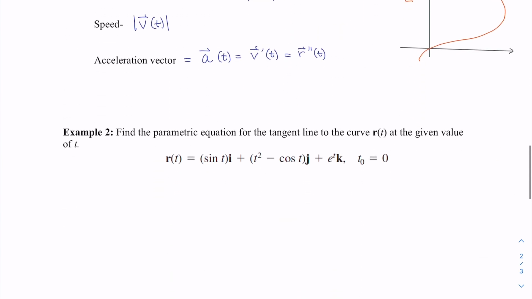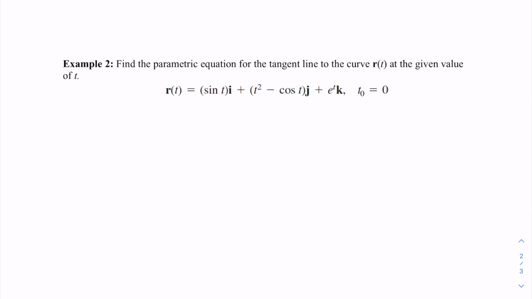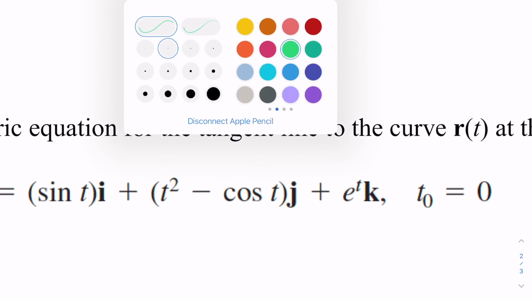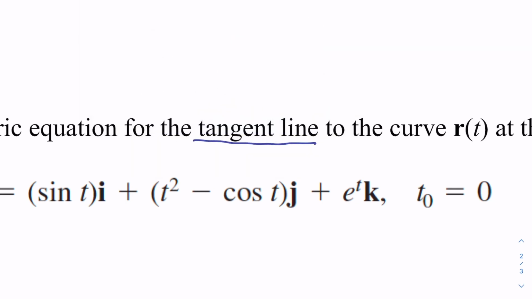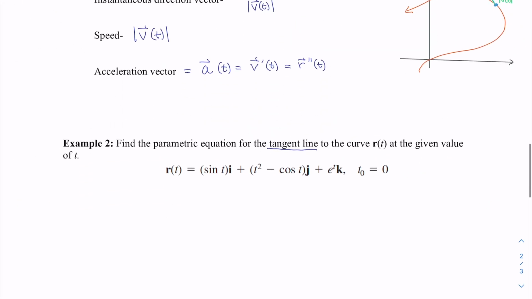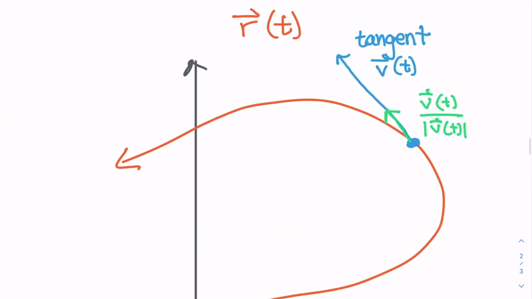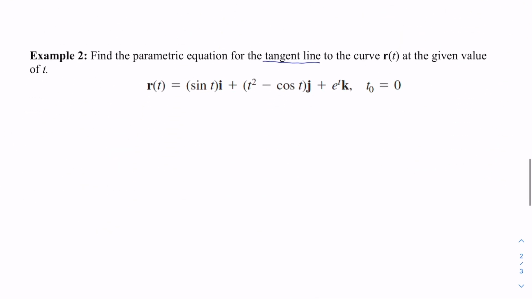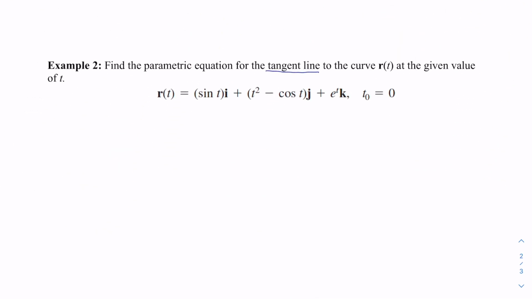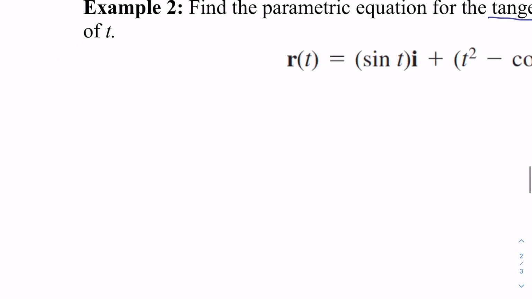So in example 2, we want to find the parametric equation for a tangent line to the curve r of t at the given value of t. And in this example, that was my chosen value of t that put us right here. So we're finding the equation of a line. If you remember from last chapter, to write the equation of any line, you always need two things.